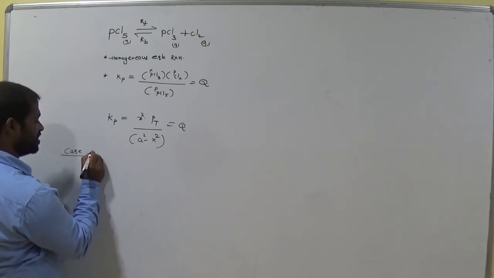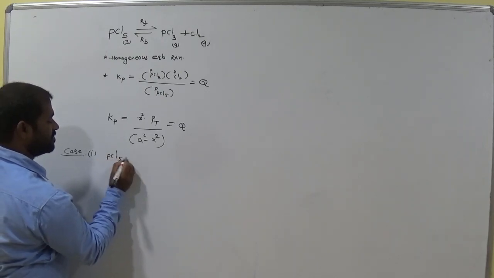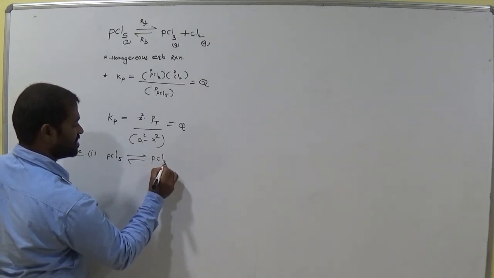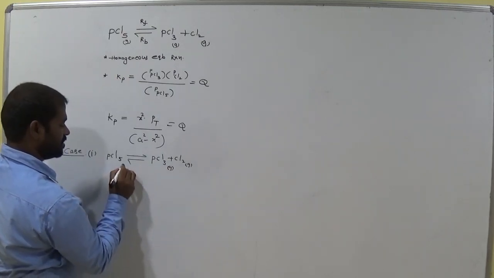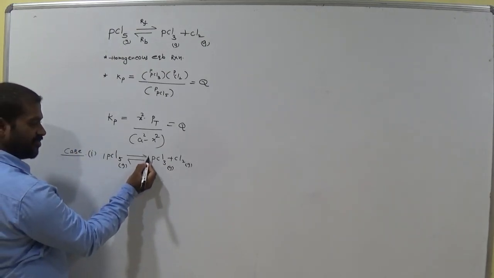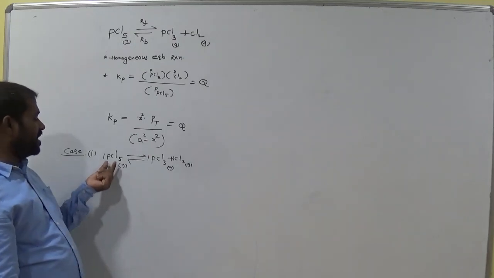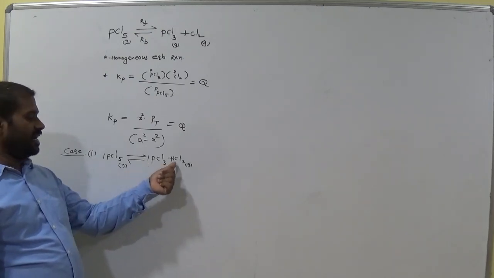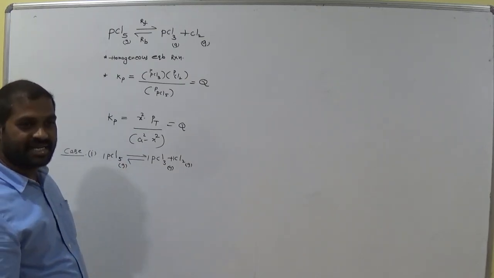The first case: the given equation is PCl5 reversible to PCl3 plus Cl2. Am I right? So it is one of PCl5, one of PCl3, one of Cl2. How many moles are present? Here 1 mole and 1 mole, totally 2 moles at the product side and 1 mole at the reactant side.